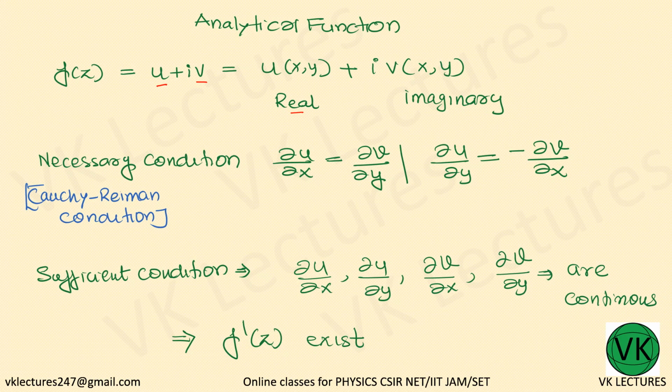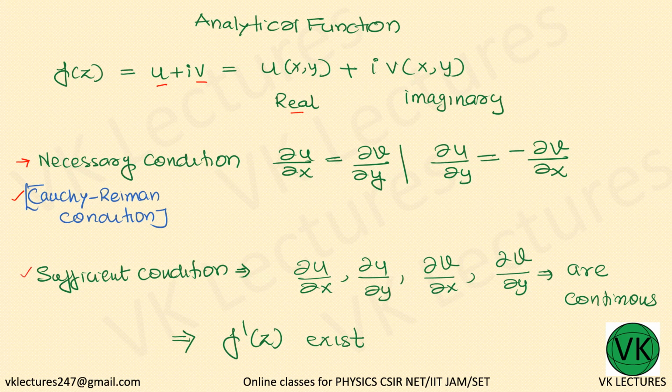Now for a function f of z to be analytical, dou u by dou x should be equal to dou v by dou y, and dou u by dou y should be equal to minus dou v by dou x. This is the necessary condition, which is also called the Cauchy-Riemann conditions.